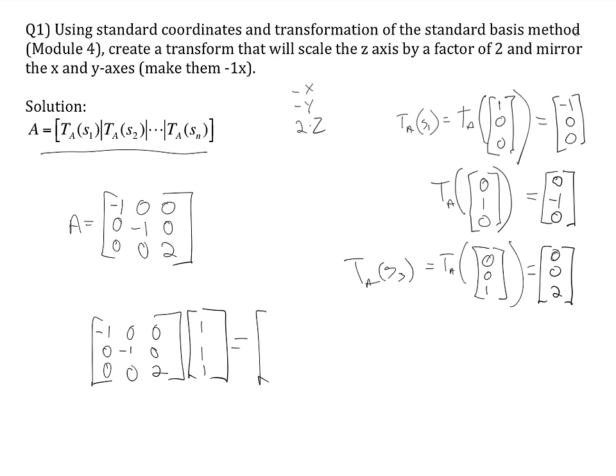We will get 1 times -1 is -1, plus 0 plus 0, 0 plus negative 1 plus 0, and 0 plus 0 plus 2. Okay, so essentially we just got our rules back, and that one checks out. Looks like it did what it was supposed to do.